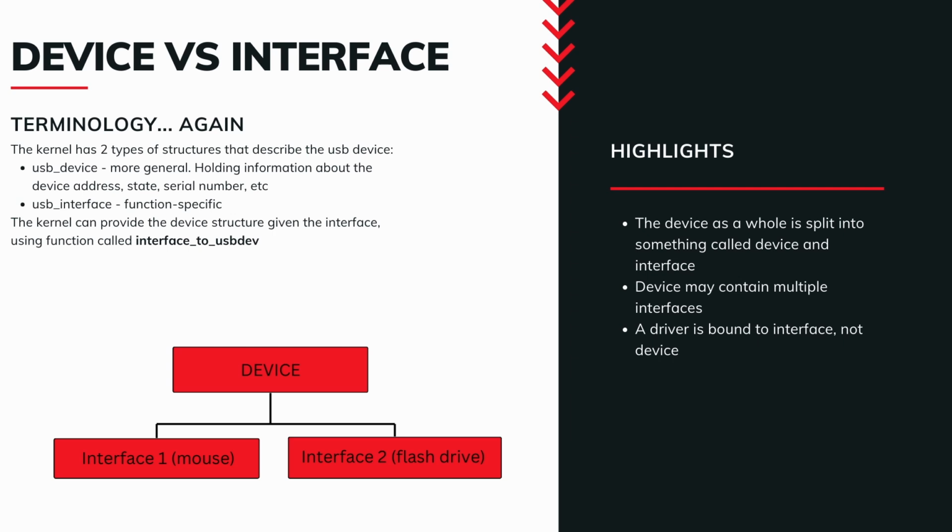A driver is attached to an interface, not a device, thus the driver will have access to the interface structure. The functions that send requests, though, take a USB device as a parameter, so we'll have to convert one into another. Luckily, the kernel API provides a function for that called interface to USB dev. We'll be using it in the code.